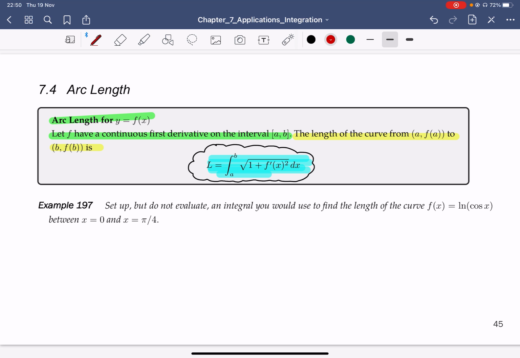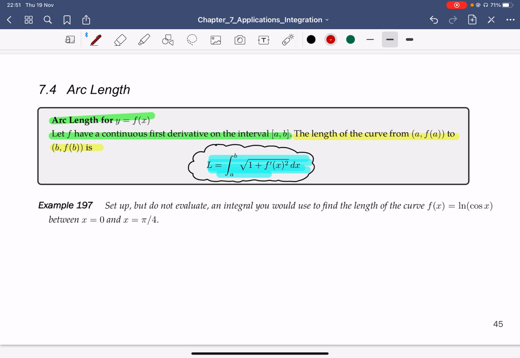So, let's look at example 197. We are asked to set up but not evaluate the integral you would use to find the length of the curve f(x) equals log cos x between x equals 0 and x equals pi over 4. So you just need to use the formula.